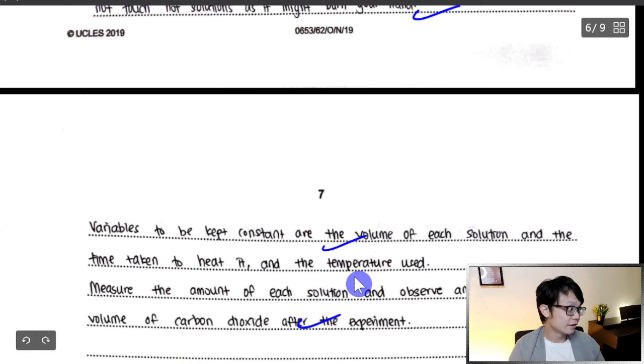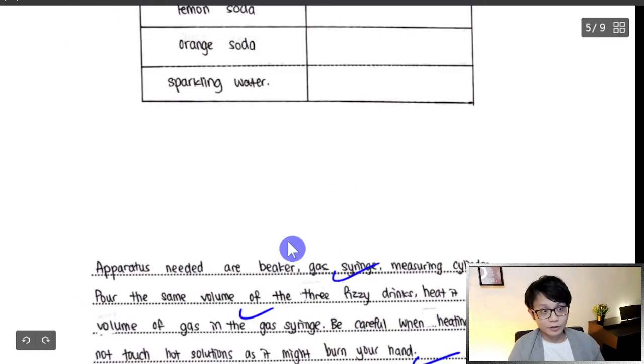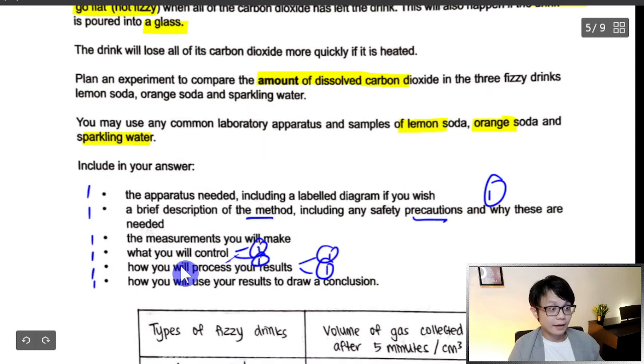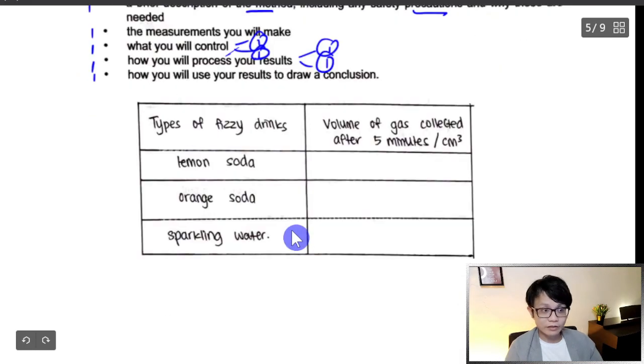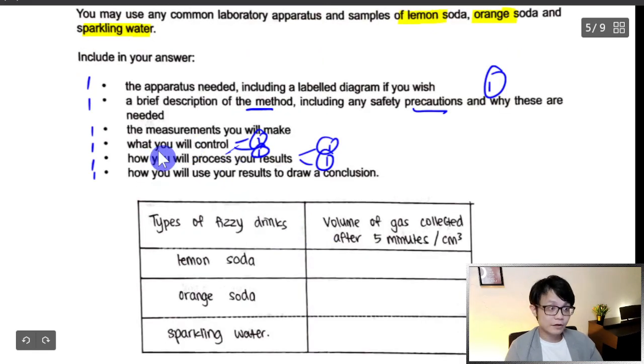That is also correct, but because the question says the measurement you will make, the measurement that I want to make is the manipulated variable. So you need to be careful, because obviously they are talking about the variable.